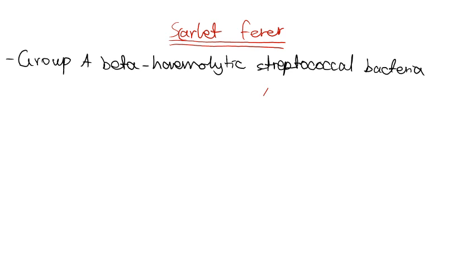So beta hemolytic simply refers to the manner in which the particular bacterium is able to allow for the breakdown of erythrocytes, namely the breakdown of hemoglobin into bilirubin. And streptococcal bacteria simply relates to the morphology of the bacterium.